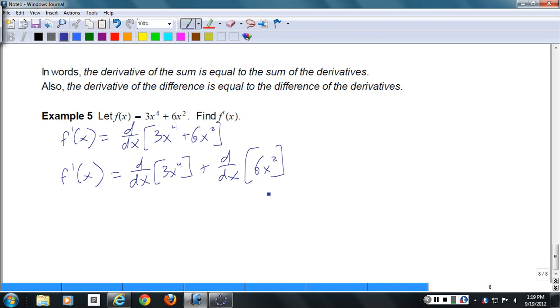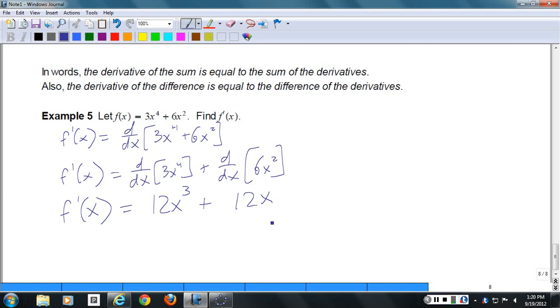Now, if we were really taking our time, we would at this point invoke the constant multiple rule and pull out those constants, but we've been there, and we're not going to do that. Multiply the 4 by 3 and get 12, so that's 12x cubed, subtracting 1 from the exponent. Multiply the 2 by 6 and get 12, subtract 1 from the 2, and we get x to the invisible 1.